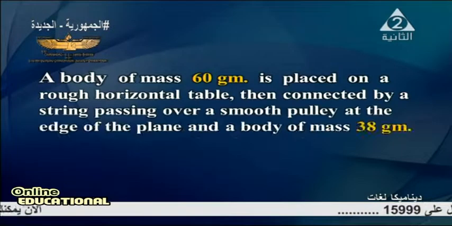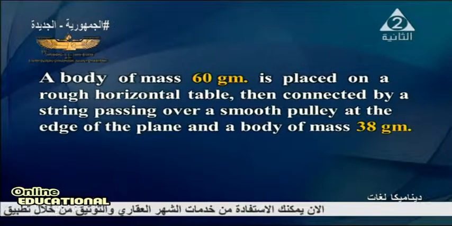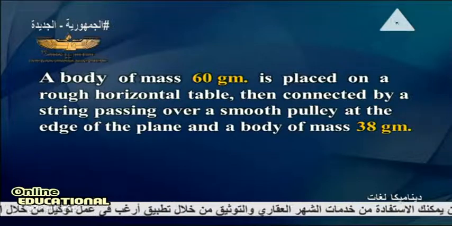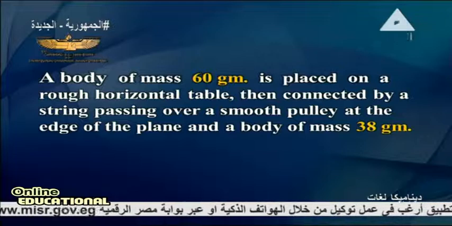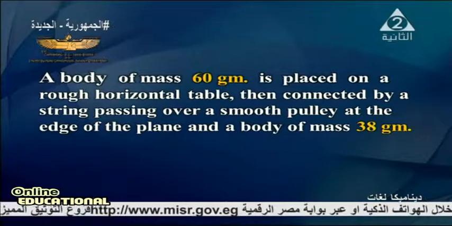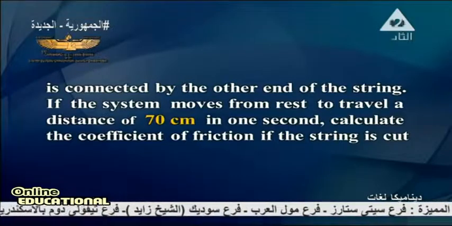Another example: a body of mass 60 gram is placed on a rough horizontal table, connected by a string passing over a smooth pulley at the edge of the plane, and a body of mass 38 gram is connected by the other end of the string.